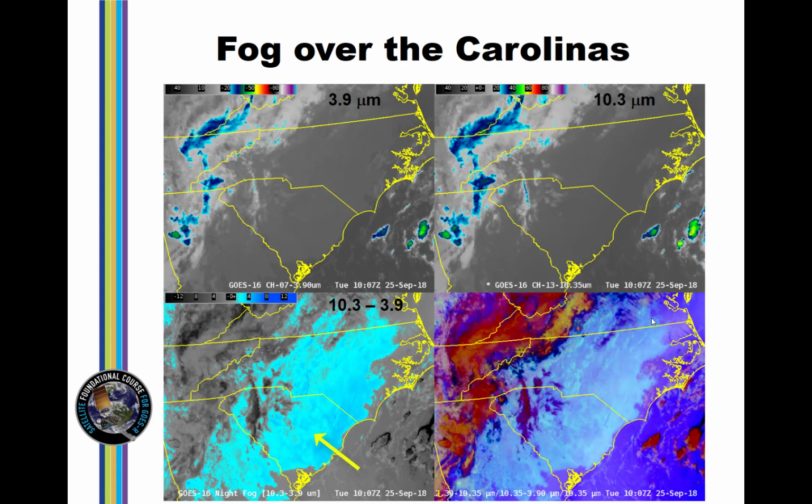Stratus is indicated in these images by the brightness temperature difference field enhanced in blue, meaning positive values at night. It's hard to see that difference in the 3.9 and 10.3 micrometer images individually. That difficulty in seeing the difference doesn't happen all the time, however. The nighttime microphysics RGB imagery also indicates stratus, with a blue cyanish hue in the same region as the brightness temperature difference field.